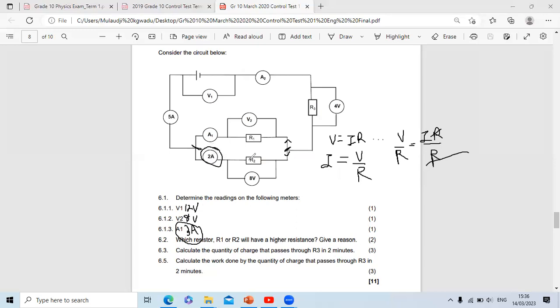That means R2 has a higher resistance than R1. Do you understand that? Yes. Just tell me if I lose you. That's why I'm trying to be very, very specific.